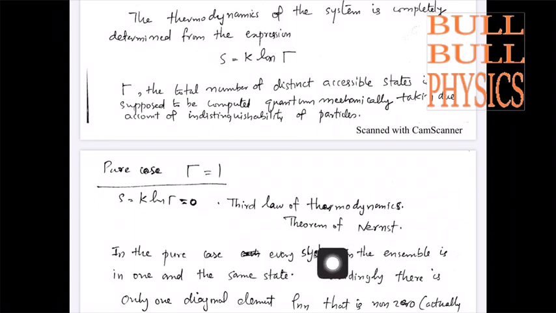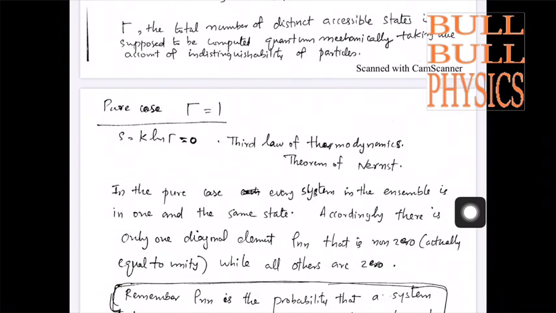So this is the pure case. The total number of microstates accessible to the system is just 1. Only one microstate is there.